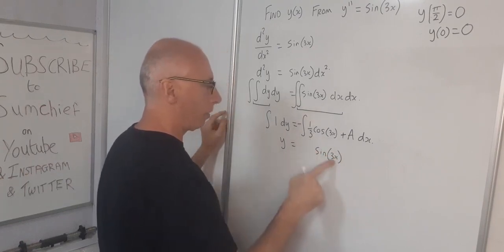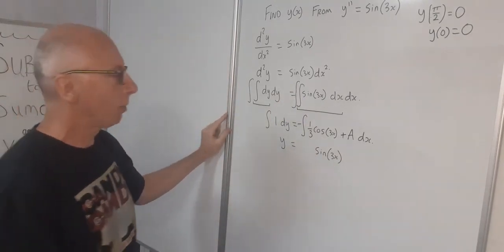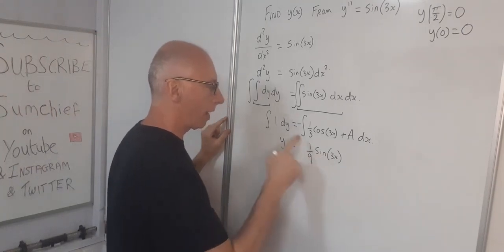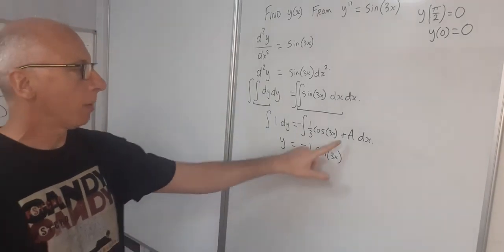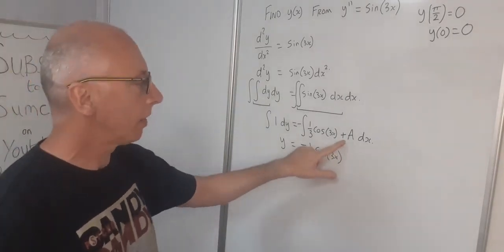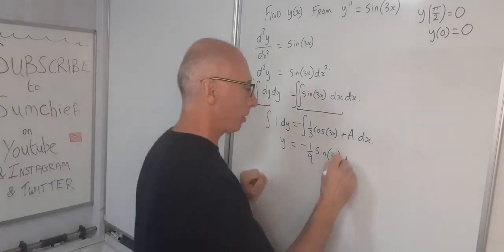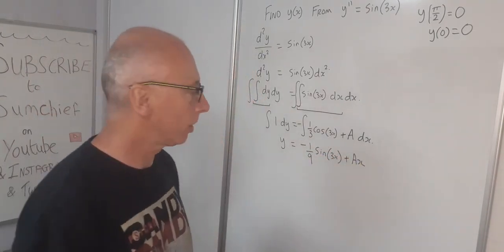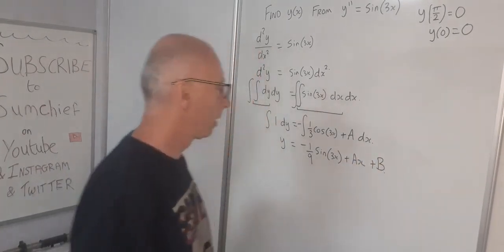And then by the chain rule, we need to bring down another third, so now we're going to have 1 over 9. And this minus sign is going to stay. And then we've got plus a. Now this a also needs to be integrated with regards to x, so that's plus ax. And now we need another constant, so we're going to do plus b.